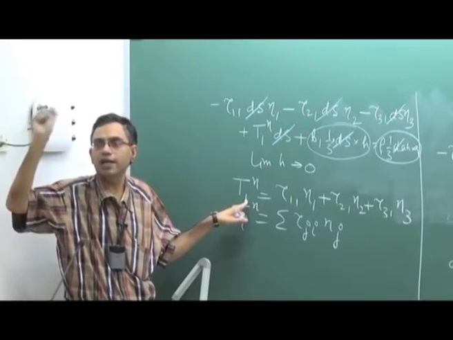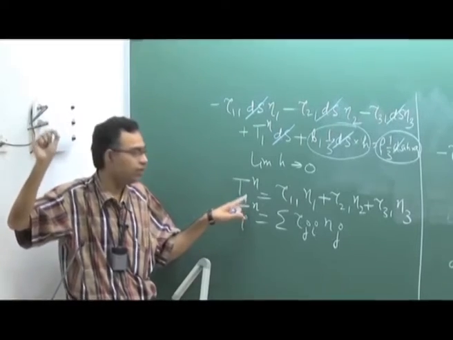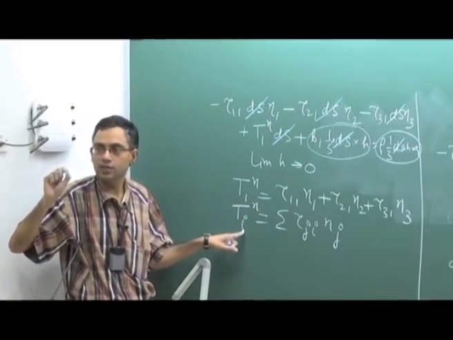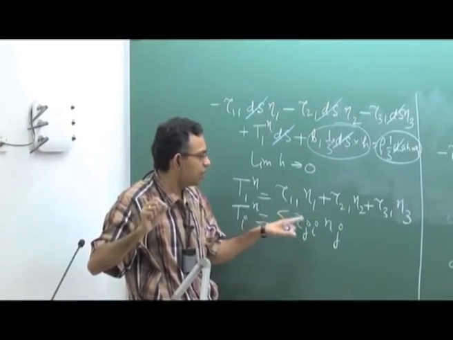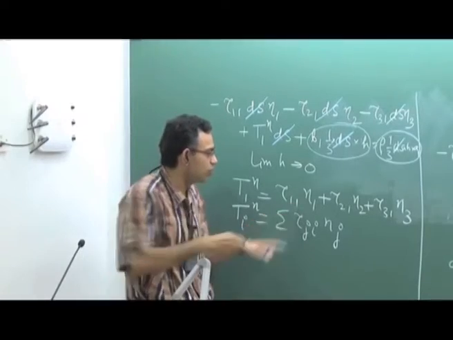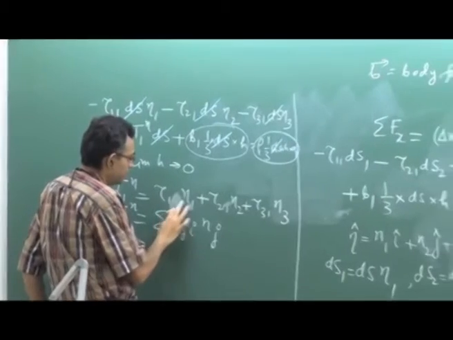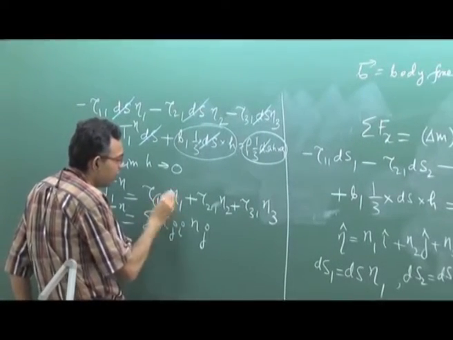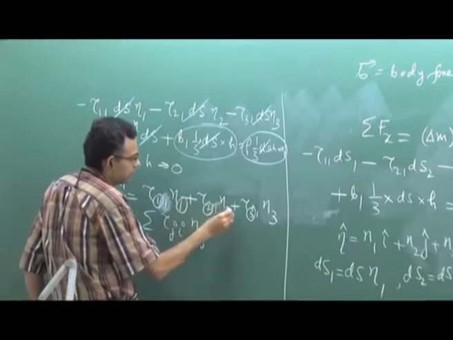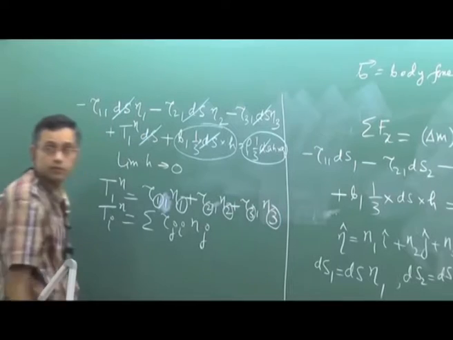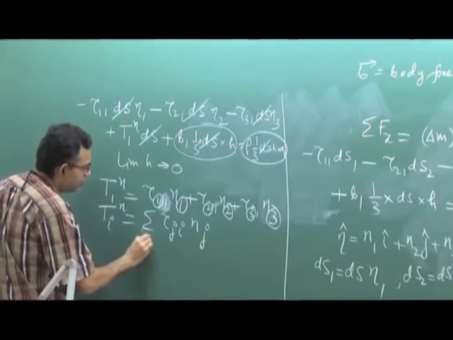Just replace 1 with i, and the remaining term is a summation over j for j equal to 1 to 3. This is j equal to 1, this is j equal to 2, and this is j equal to 3.